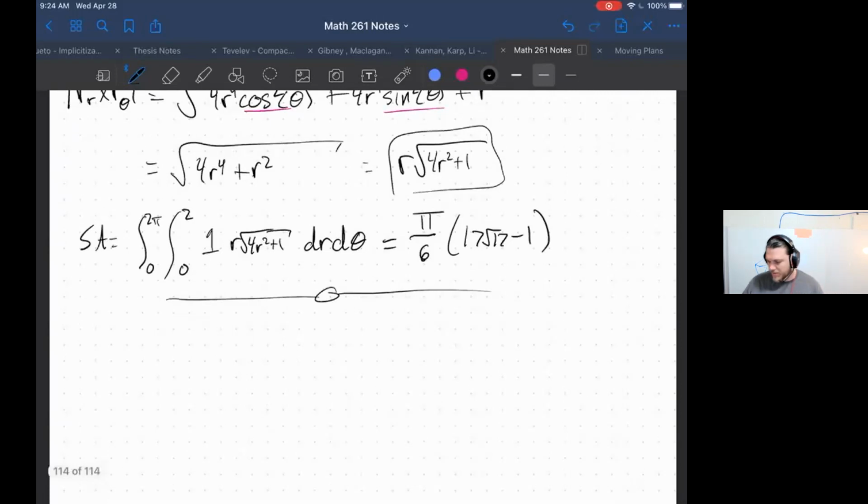Oh, actually, while we have a pause, this reminds me, I think it got posted in the discussion board a while ago. And I see the discussion board is pretty active. So for problem 1 on homework 10, I want to clarify something.